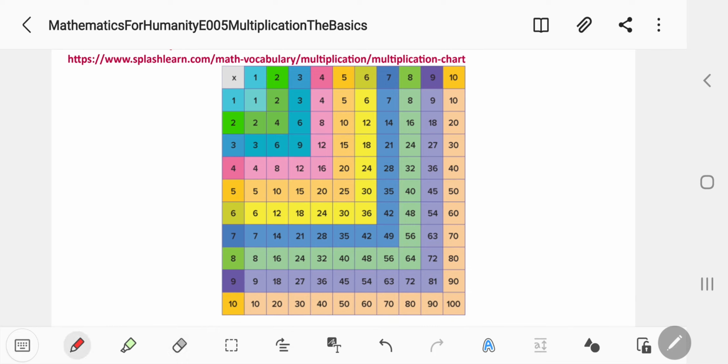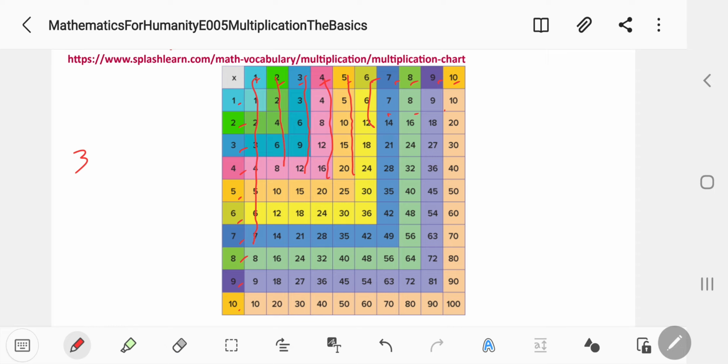Here you have 1, 2, 3, 4, 5, 6, 7, 8, 9, 10, and then you have 1, 2, 3, 4, 5, 6, 7, 8, 9, 10 here. By the way, in this column you're counting by 1. In this column you're counting by 2. In this column you're counting by 3. In this column counting by 4, 5, 6, and so on. 7, 8, 9, and 10.